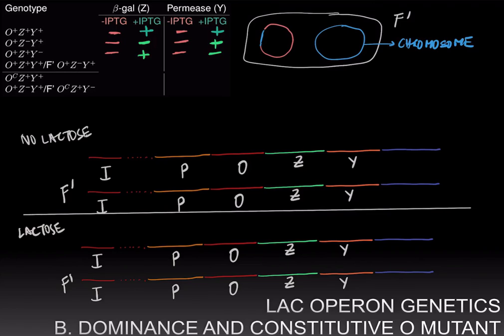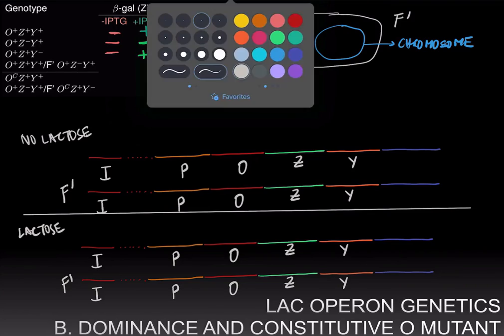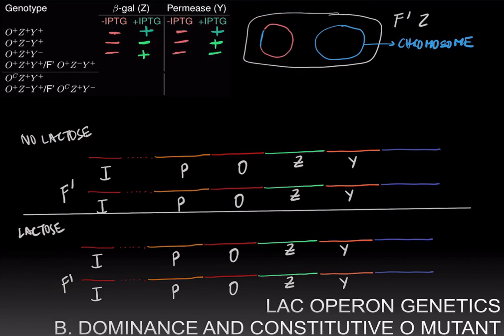That's because this cell was derived from an HFR cell and the plasmid popped out, but when it popped out, it took a section of the bacterial chromosome with itself. And furthermore, let's say this F prime strain is Z minus, which means the F prime plasmid carries with it the Z minus allele from the bacterial chromosome.